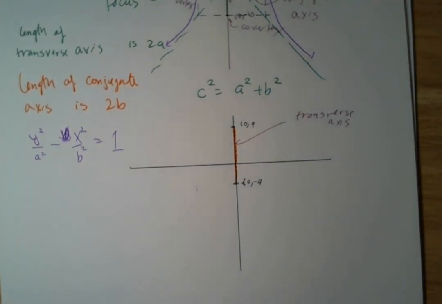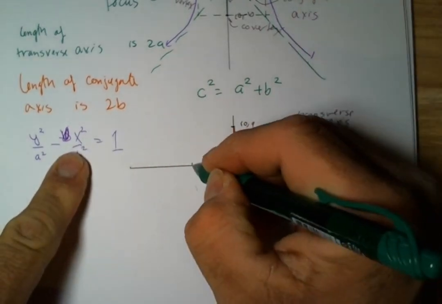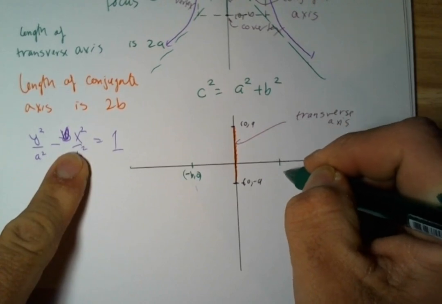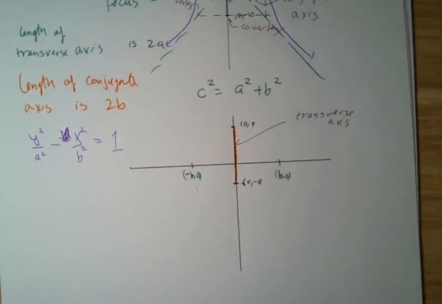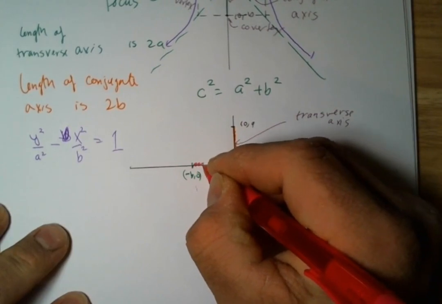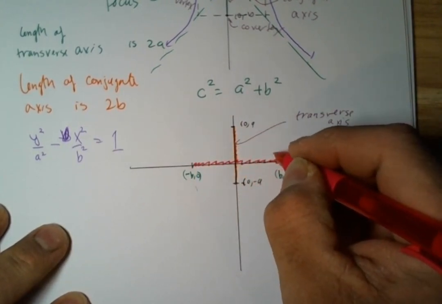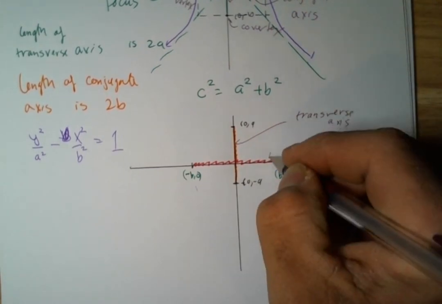And our conjugate axis would be this value here. Whatever value b is, so this will be negative b, 0, b, 0. And this is our conjugate axis.